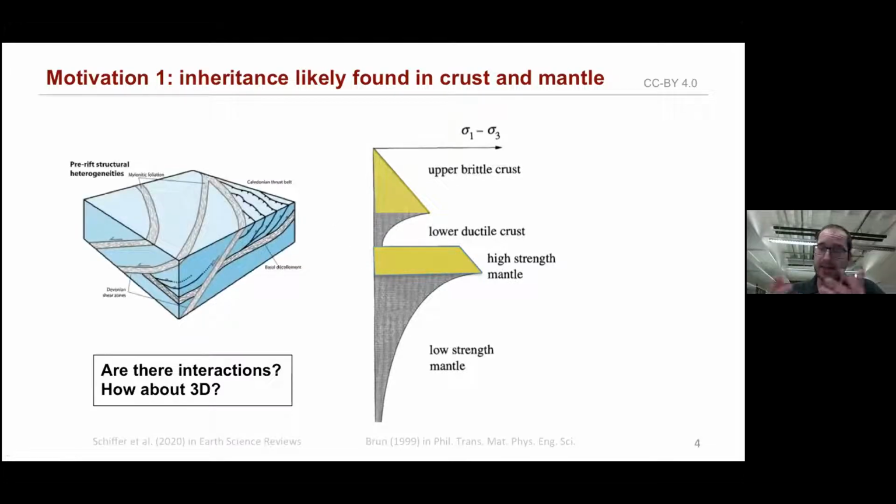And if you have weaknesses in these layers, they are likely to reactivate and dominate the system. The question is then, are there any interactions between these two types of weaknesses, either in the upper crust or in the mantle? And how does this work in 3D? So there's a little sketch here of what weaknesses or inheritance might look like. It could be perhaps very complex.